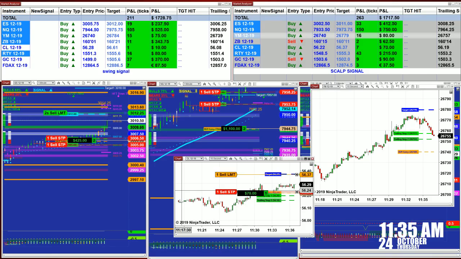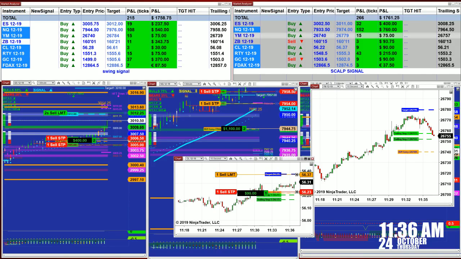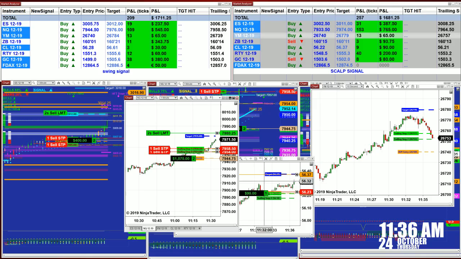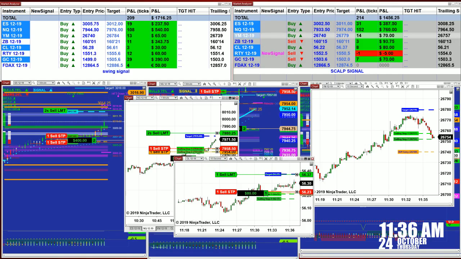I'm going to close the Nasdaq as well. This is the swing trade in Nasdaq.